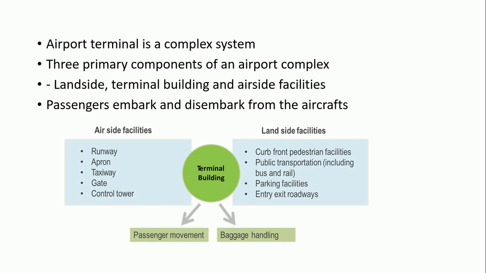The airside includes runway, apron, taxiway, gate, and control tower, and the landside facilities include curb front, pedestrian facilities, public transportation including bus and rails, parking facilities, and entry and exit roads. In the terminal buildings, what is happening is passenger movement and baggage handling.